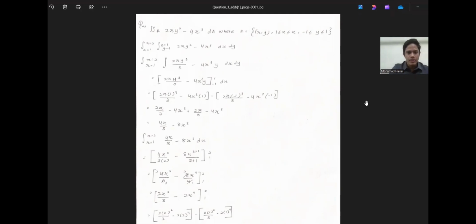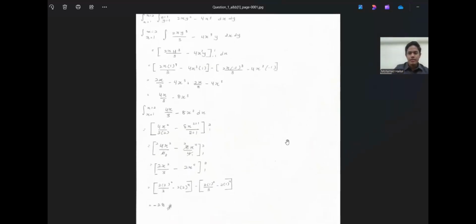So the equation is 2xy squared minus 4x cubed, towards dx and dy. For dy, we got the answer 4x over 3 minus 8x cubed, and then we integrate towards dx, put in the limit, and the final answer is -28.